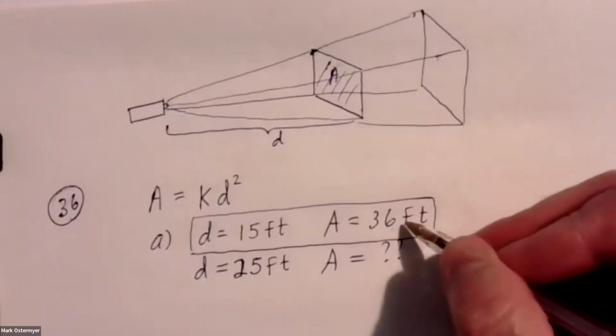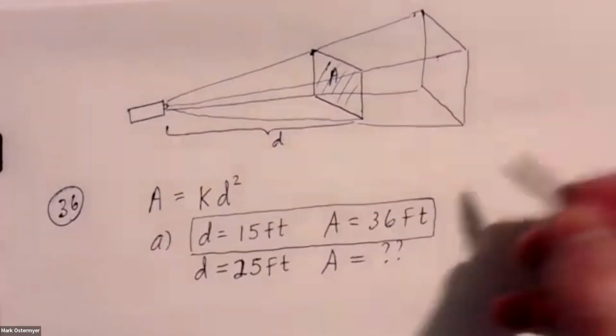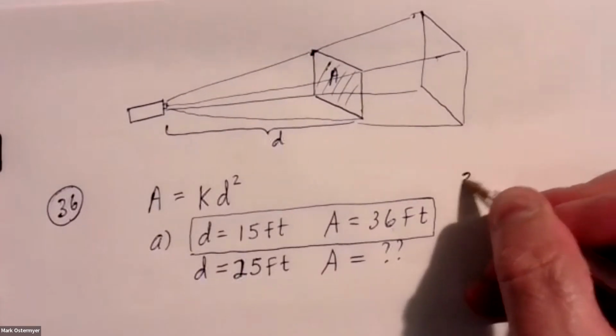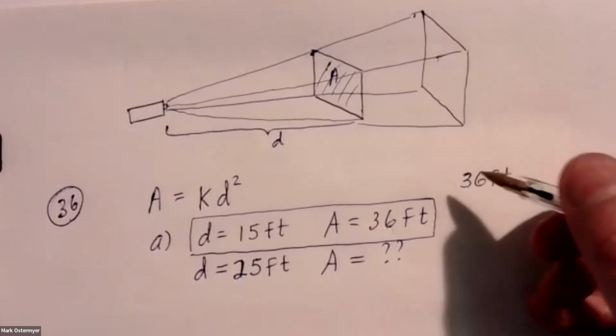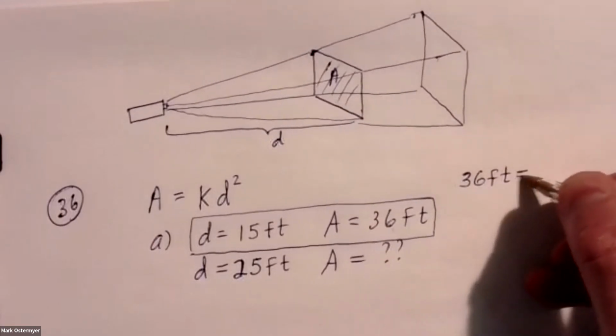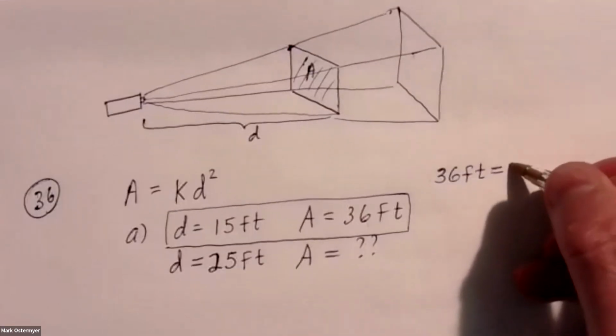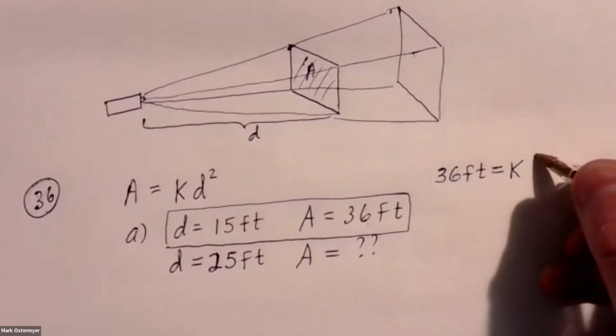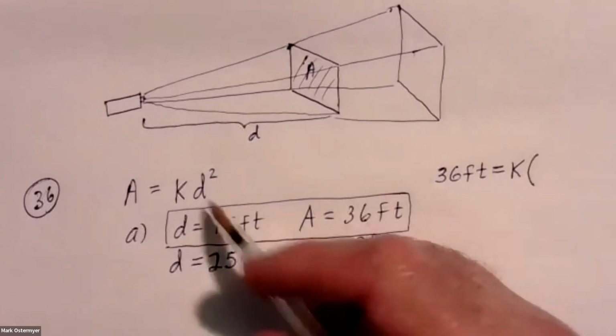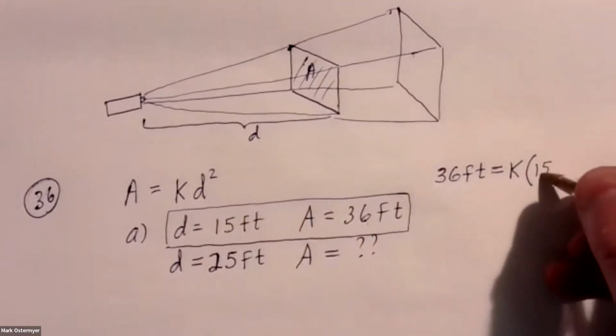So here we go. In for the area goes 36. And I'm actually going to put the units in also. If you get into the sciences or any sort of engineering, you also got to pay attention to your units. Your units have to work out just as well as your numbers. So in for the distance goes 15 feet.